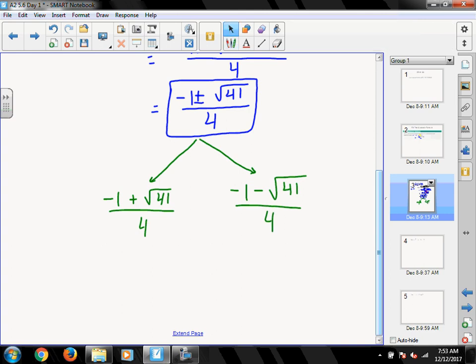So you end up with two solutions there, but we just condense it with that plus or minus in there. So whatever method you like better, whether it's the final answer in the blue or the final answer in the green, I'm okay with. Whatever you want to do there is fine.